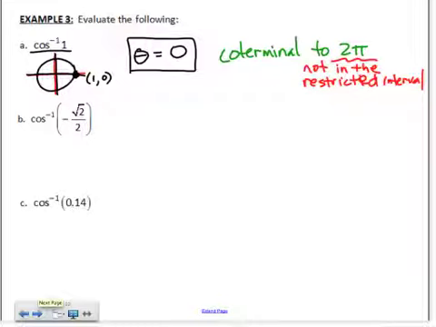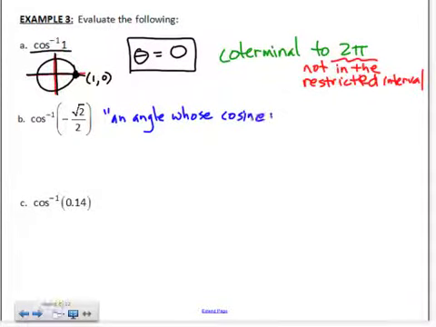Next one, we're looking for an angle whose cosine is, that's what that -1 means, negative square root of 2 over 2. That's what we're looking for. Once again, let's think about that. What quadrant do we have to place that in? Well, we've got negative square root of 2 over 2.